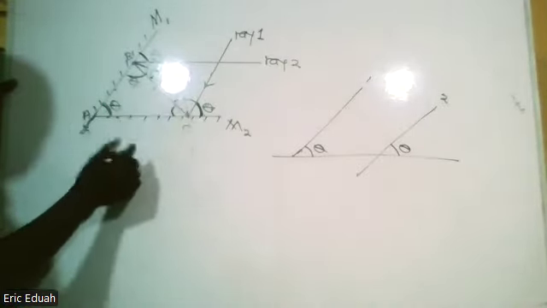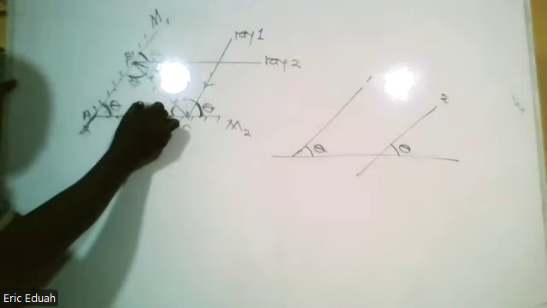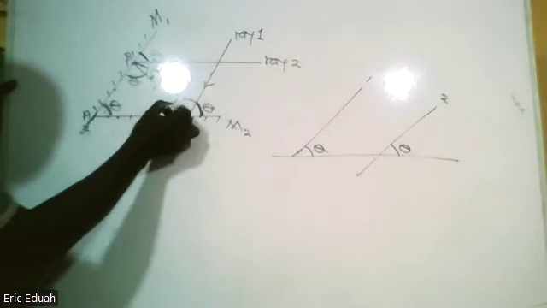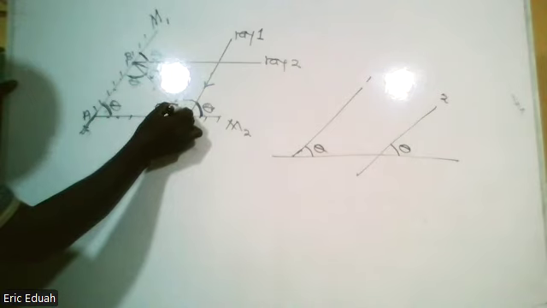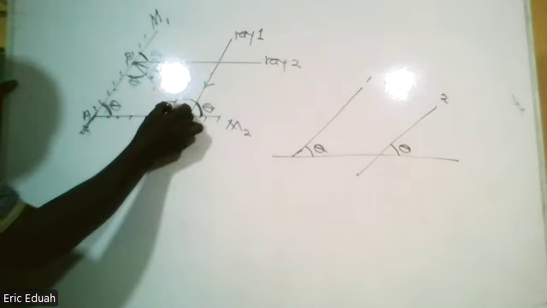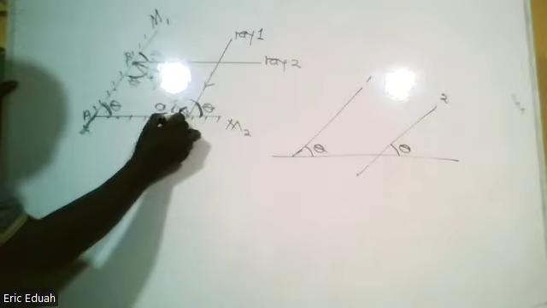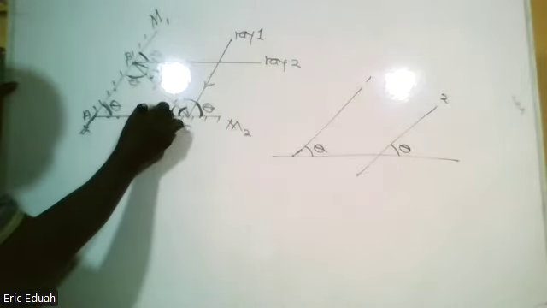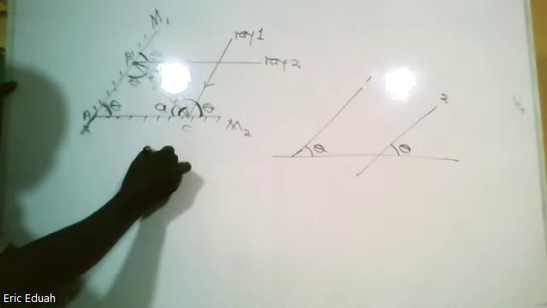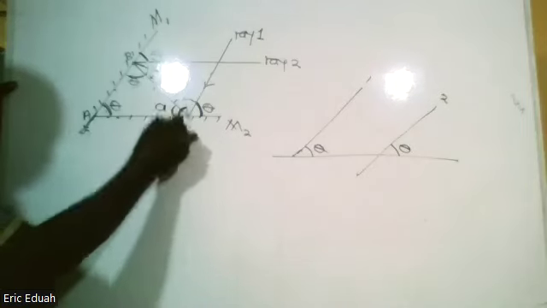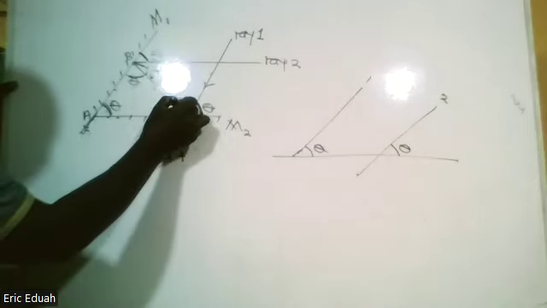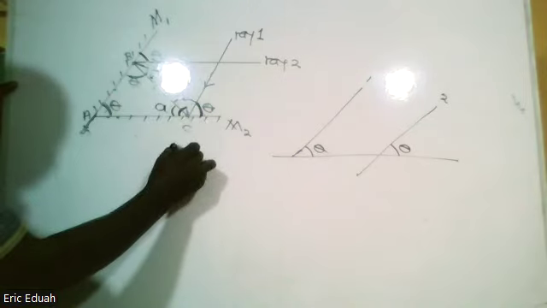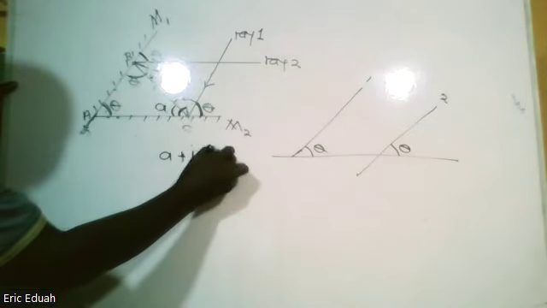In case you want to be sure whether they will be equal, look at it. Assuming I don't know this, and I'm representing it with A. The angle between the normal and the mirror is 90. So it means this angle I'm representing as A plus the angle of reflection I must be equal to 90.